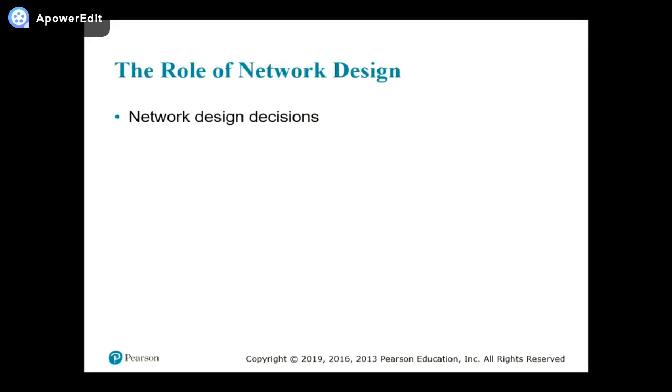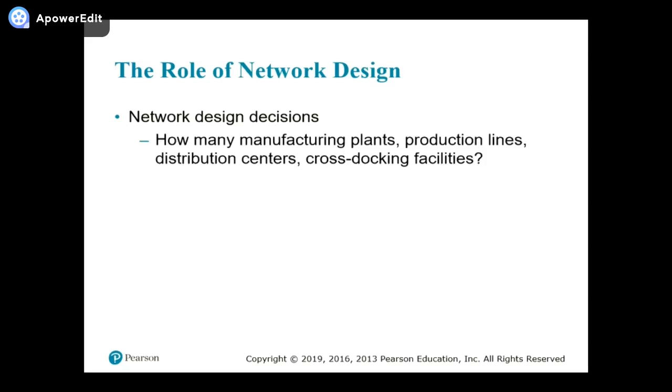So when we talk about network design of supply chains, what kind of decisions do we refer to? The common decisions are facility location decisions. Specifically, how many facilities to build, and for each facility, which products are we producing, which production lines to hold, and for different kinds of facilities, where should they be built?